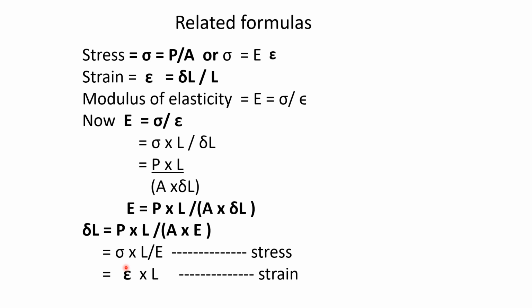So delta L is equal to strain into L, or here you can see strain is equal to delta L upon L. If I want delta L, this L will come here, so strain into L is delta L. So for delta L, if we know P and A, we will use the formula PL upon AE.